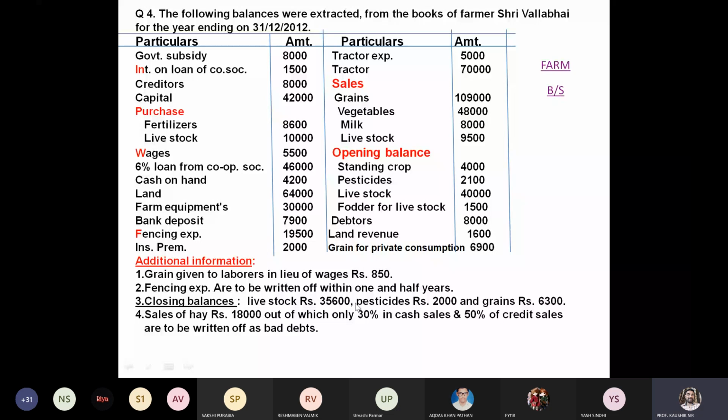Go to the farm account. Closing balance of pesticide, જંતુનાશક દવા, grain એટલે અનાજ. Grain 6,300. Total closing balance 8,300.